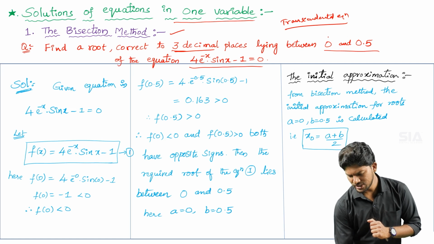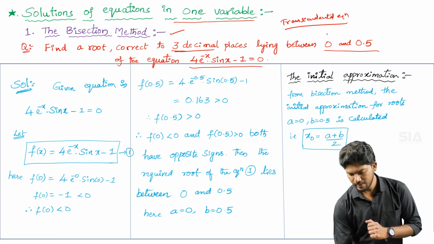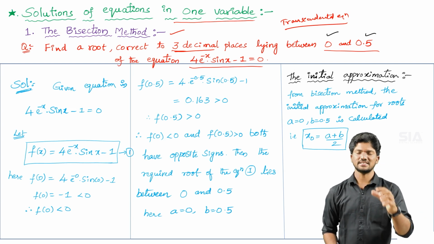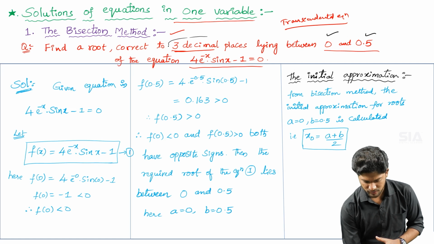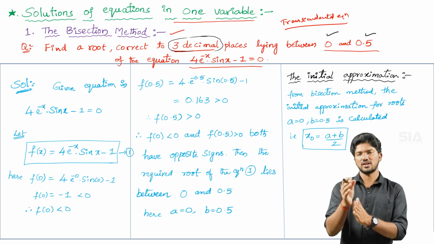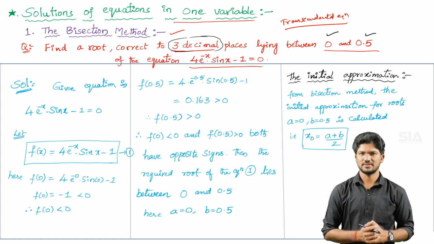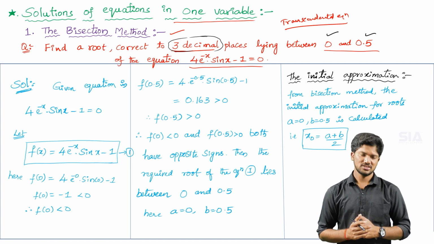So you take them as a and b, and the required solution we have to represent to three decimal places. That means after the decimal point you have to take three significant digits.